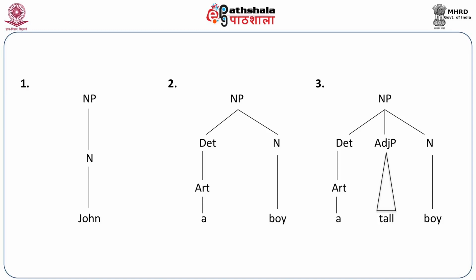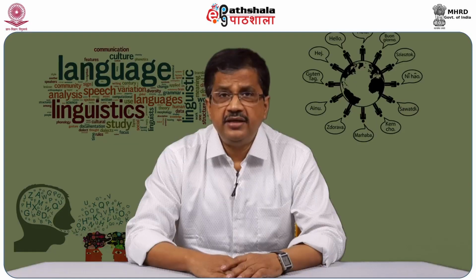There are also other constituents that can occur within a noun phrase. For example, in 3 we have an adjective phrase, tall. Tall is an adjective, and so we have 3 constituents in 3: a, which is an article, which is considered to be a determiner, and then tall, which is an adjective, and then a noun, boy.